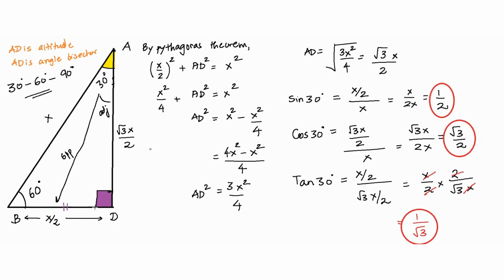Before I do that, I am going to leave you with this slide for 1 minute so that you can take a look at all the working, how we use the Pythagoras theorem, and how we calculated the values of these three trigonometric ratios for 30 degrees.